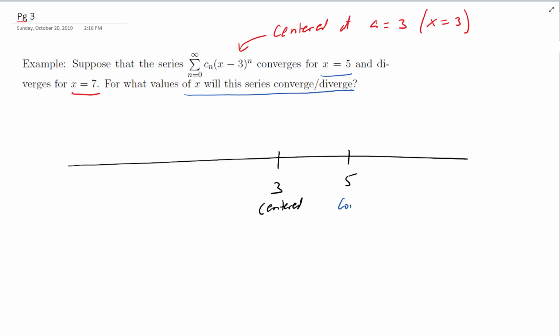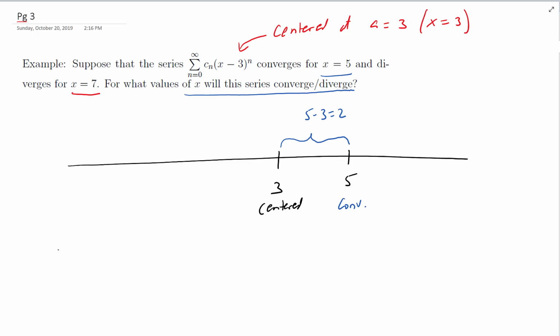Now we're told in this problem that it converges. So that means that this length right here, which is 5 minus 3 equals 2, well, the way these power series work, if you know one spot converges, that spot all the way to where it's centered will also have to converge.